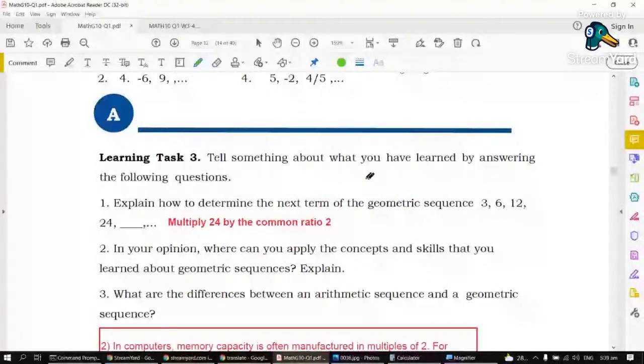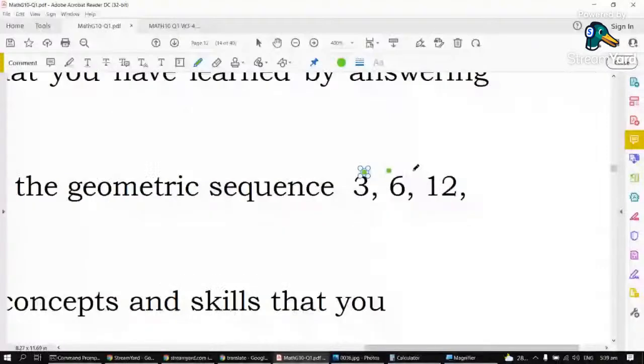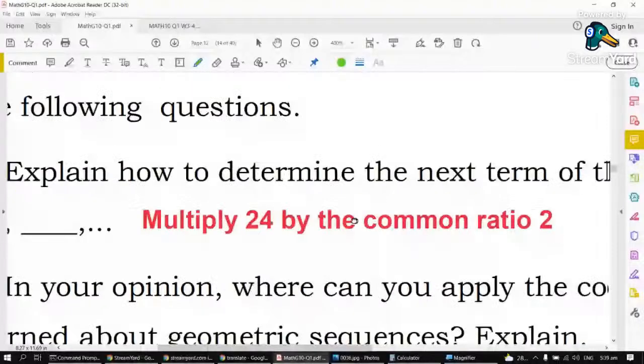Number 1, explain how to determine the next term of the geometric sequence 3, 6, 12, 24. So, paano daw? Paliwanag daw natin, explain.